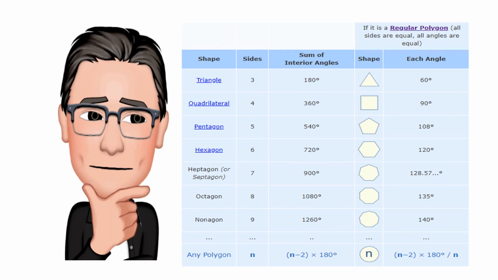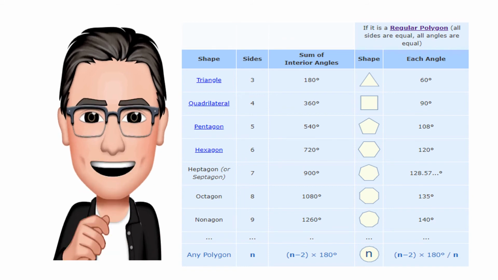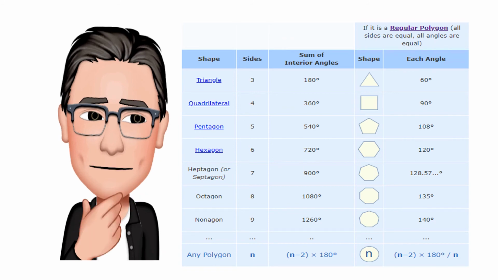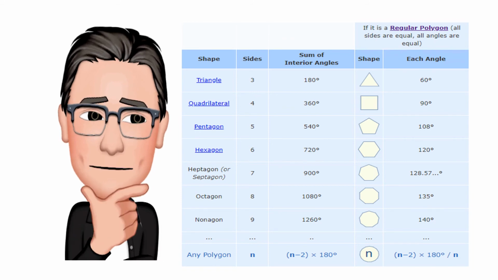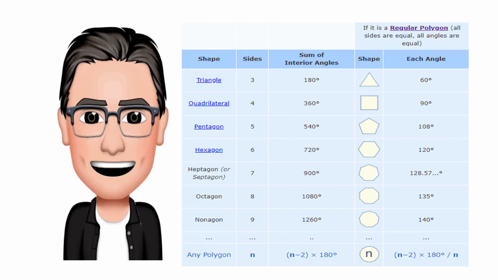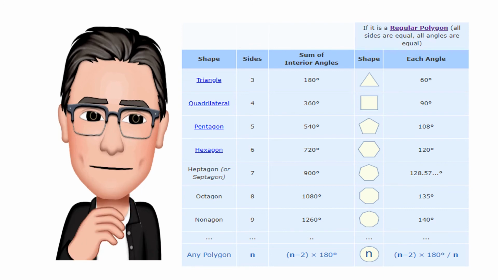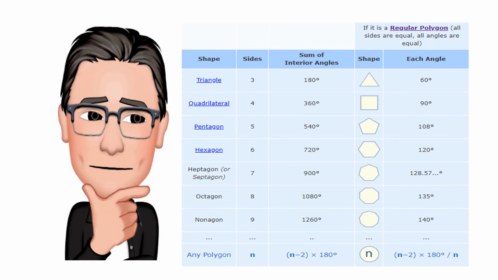Shape, sides, sum of interior angles, each angle. Triangle: 3 sides, sum of interior angles 180 degrees. Regular triangle: each angle measures 60 degrees. Quadrilateral: 4 sides, sum of interior angles 360 degrees.